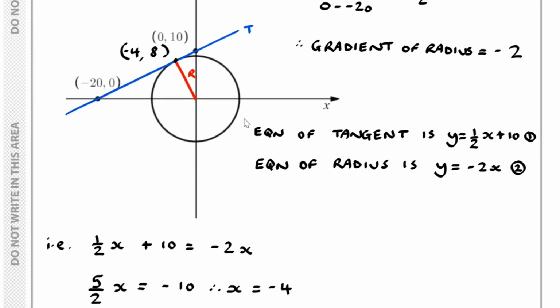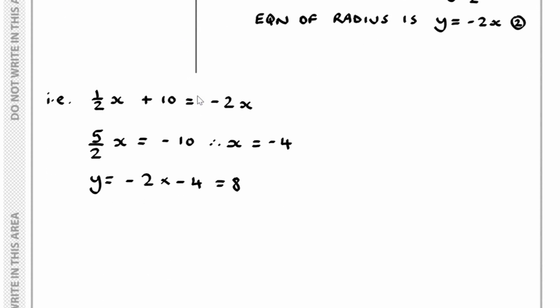And so what I can do now is use Pythagoras to find the radius. So the length of the radius, because it passes through the origin, we have 4 squared plus 8 squared square rooted.